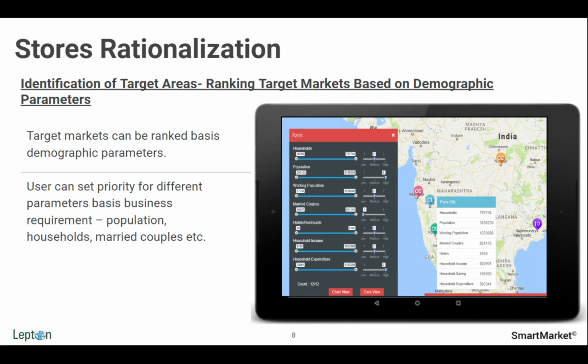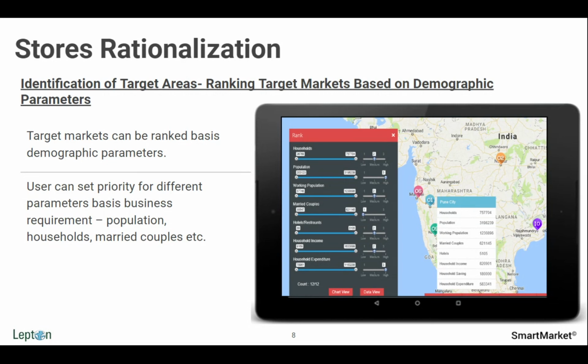Imagine this: if I am a diaper company, the number of married couples would have higher weightage compared to other business parameters. Or let's say I'm Britannia, with a biscuit priced at 100 rupees and a biscuit packet priced at 20 rupees. Both these biscuits will have a different set of audience.